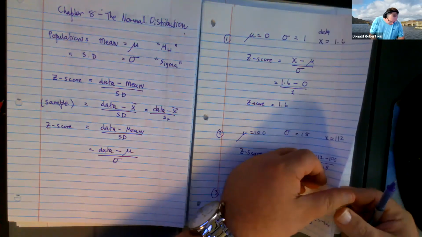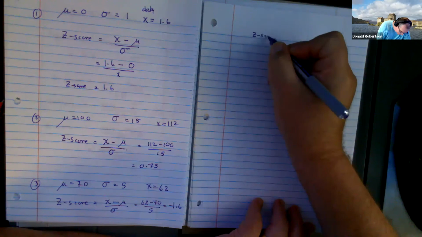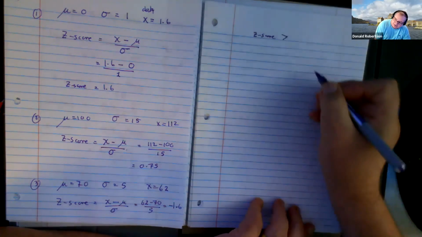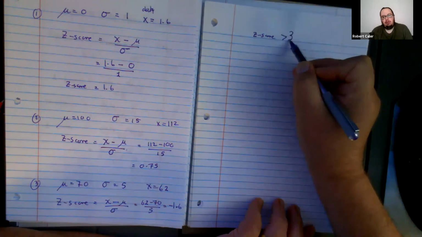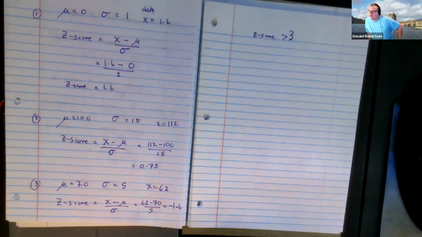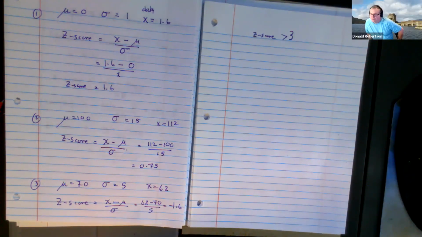We might not have phrased it in terms of z-score, but it is z-scores. Last chance? Greater than 1. Greater than 3. Can you remember more or less than 3 standard deviations away from the mean? Remember that rule?